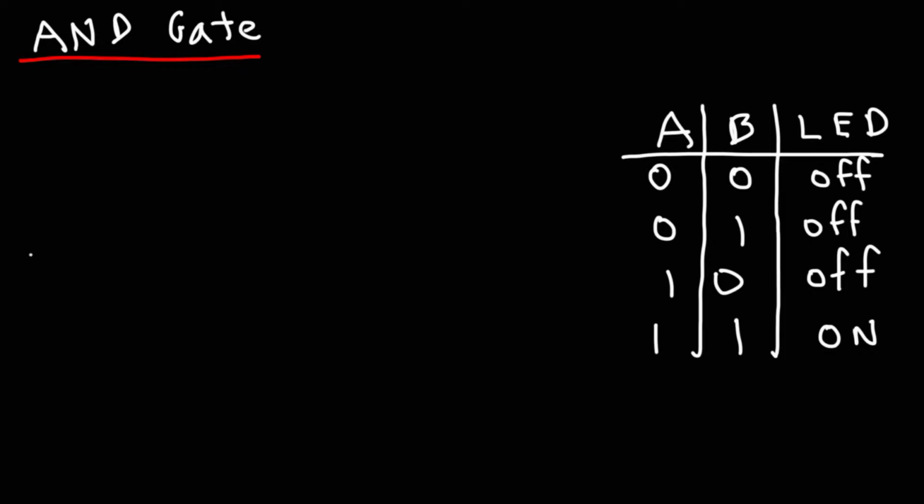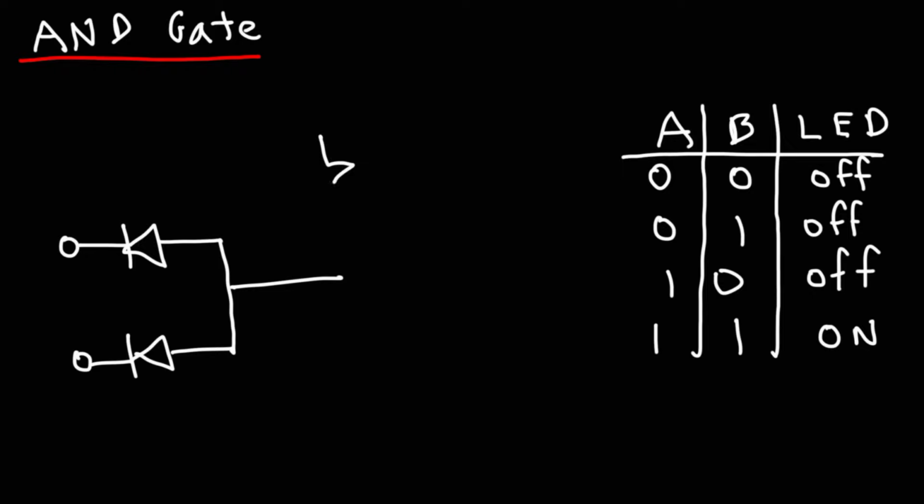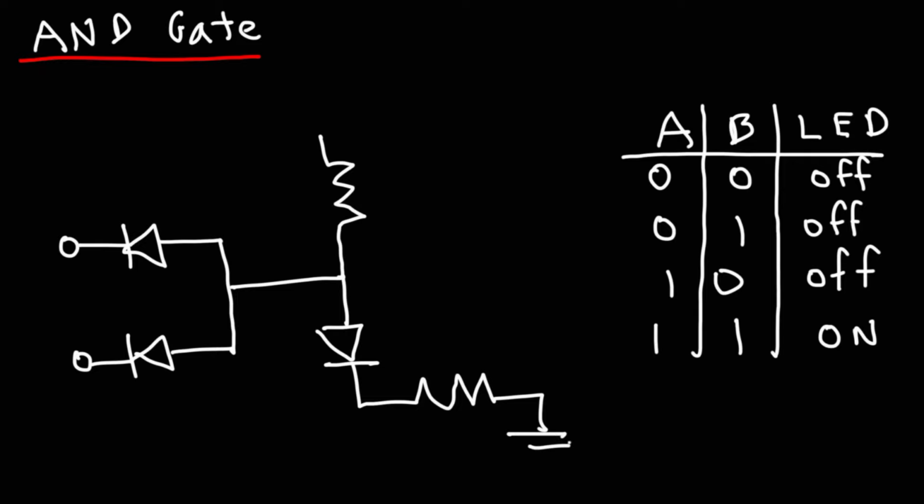So now let's talk about drawing the circuit. Just like before, we're going to use 2 diodes, but connected in this manner. Now for the 2 resistors, you could use a 1K resistor.